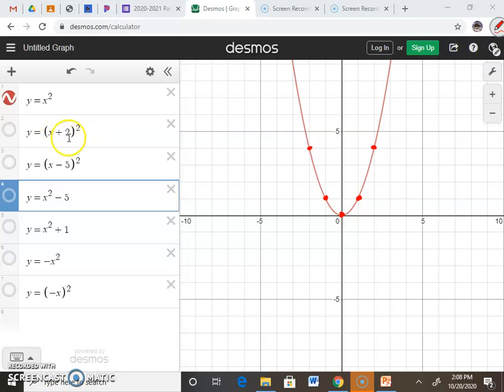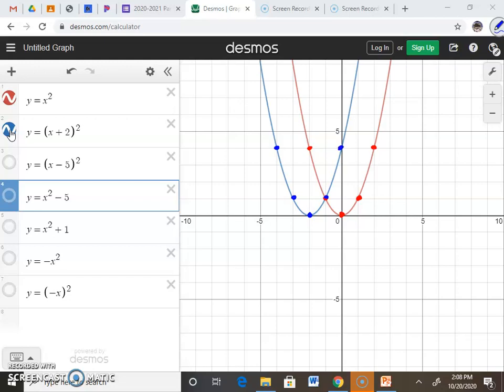Okay, well, this is going to cause a shift. What kind of shift is this going to cause? Well, the (x plus 2) squared has moved my parent function. What direction has it moved my parent function?